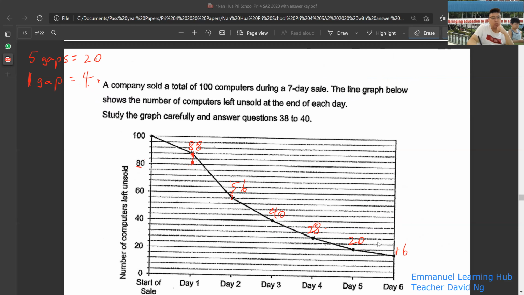What must you do? 28 over 100. Okay. Because 100 computers. Okay. Reduce to lowest form, what do you have?